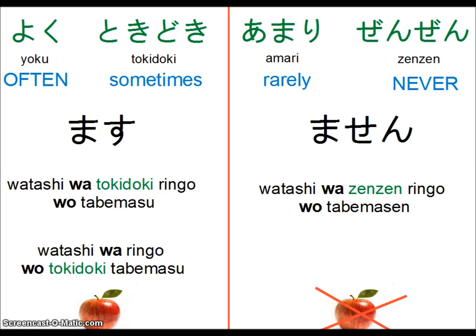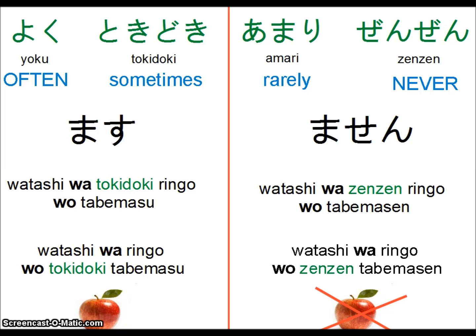It's still 私はリンゴを and the verb 食べる, but now this time we're using the negative form 食べません because we're using the time word never, 全然. And likewise, you can move the 全然 around. You could say 私はリンゴを全然食べません, which have slightly different implications, but for our purposes, it means the same thing.